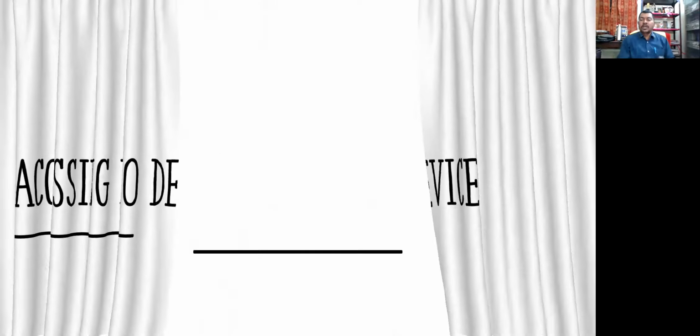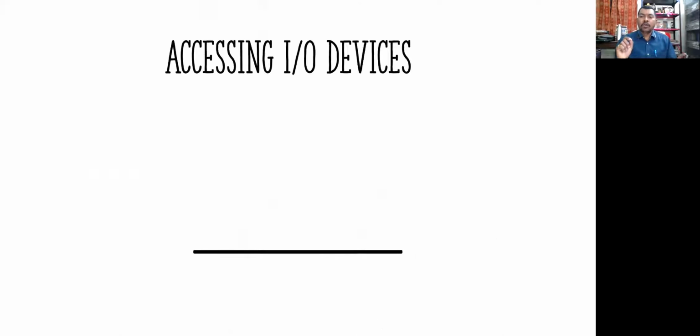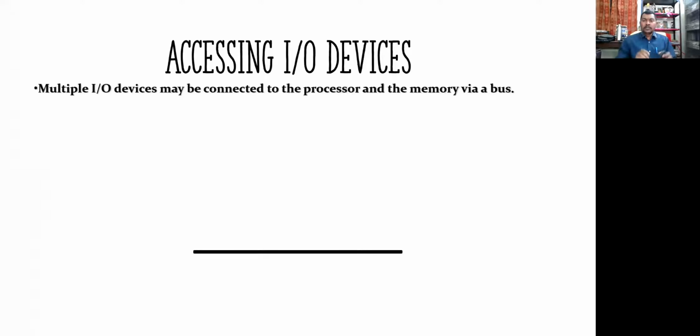How you are going to access those input output devices is what we need to study today. Accessing the input output devices requires some parameters that are essential for connecting the 8085. Multiple input output devices may be connected to the processor and the memory via a bus. What is a bus?